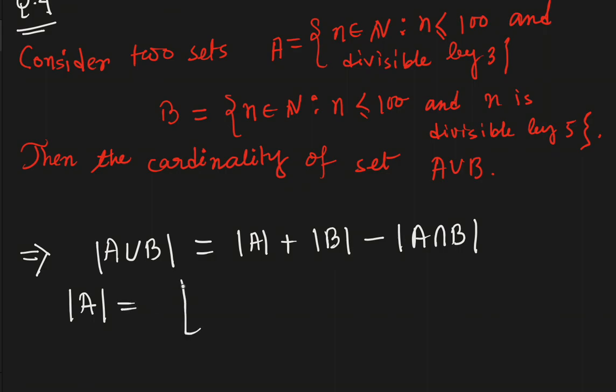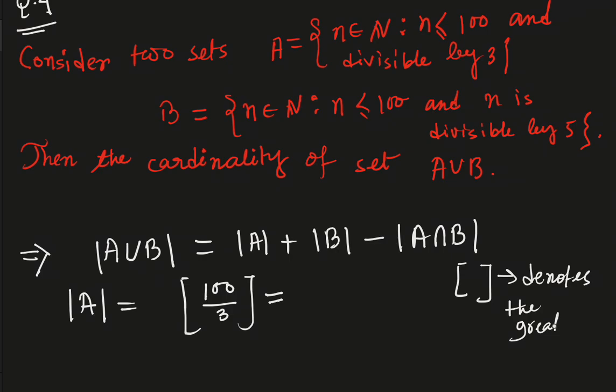It is the floor of 100 by 3, because how many numbers are there which are less than or equal to 100? These symbols denote the greatest integer.